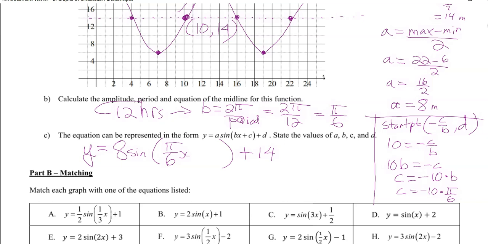So C will be equal to negative 5 pi divided by 3. I'm going to just kick it up here. So our C value is minus 5 pi over 3.